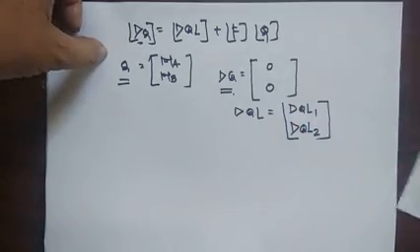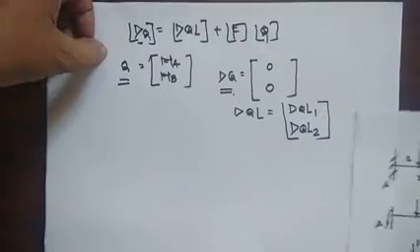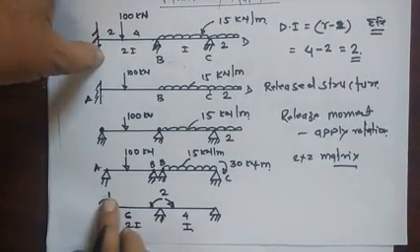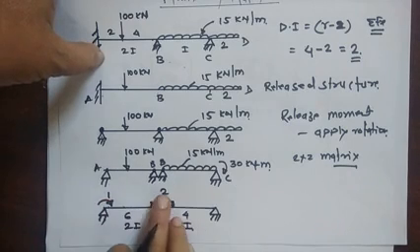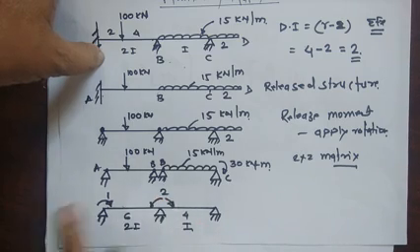Then next is the F matrix, that is the flexibility matrix. It means you have to apply the rotation here and find out the flexibility at 1 and at 2, then apply rotation at 2, then find the flexibility at 2 and at 1.